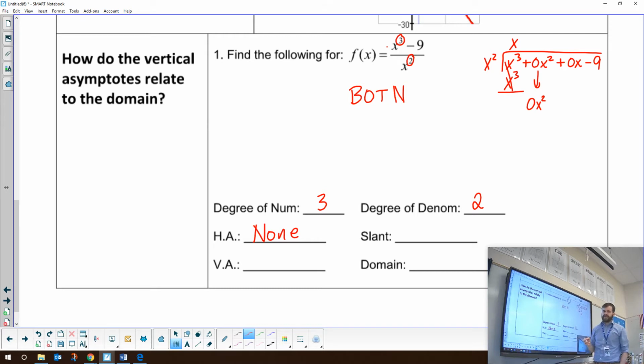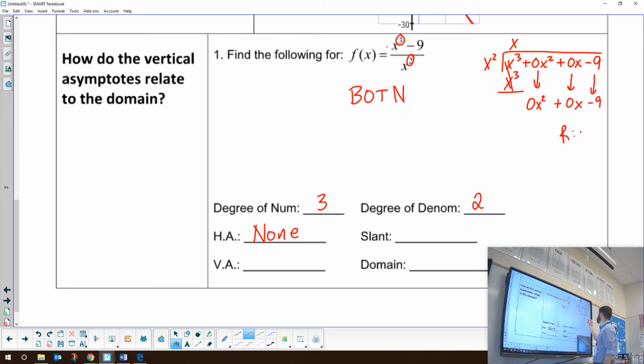Oh, hold on. x squared can't go into 0x squared. We would just be multiplying by 0. What about the next one? No, x squared can't go into 0x either. And x squared can't go into negative 9. So that's it. My answer is just going to be x. And listen to me, negative 9 would be my remainder.